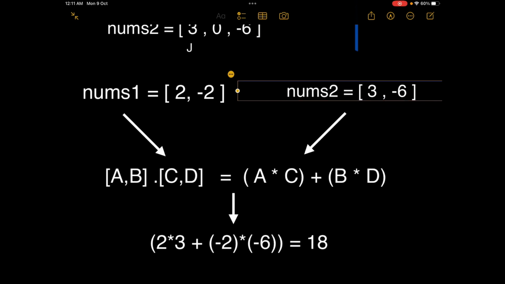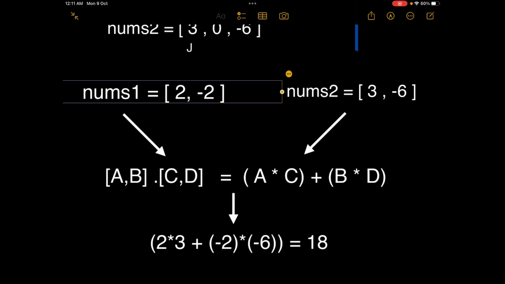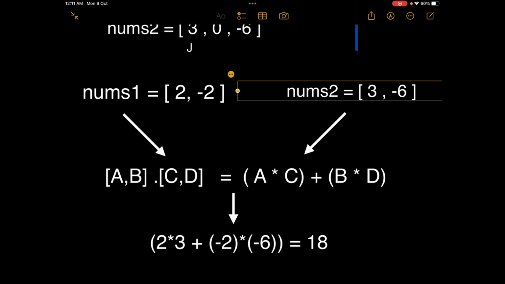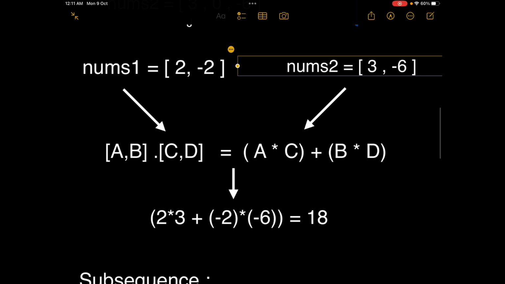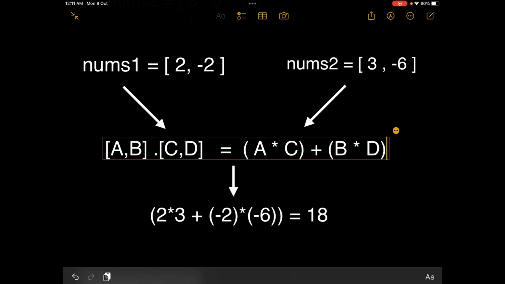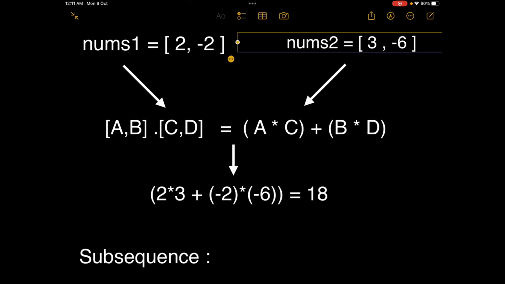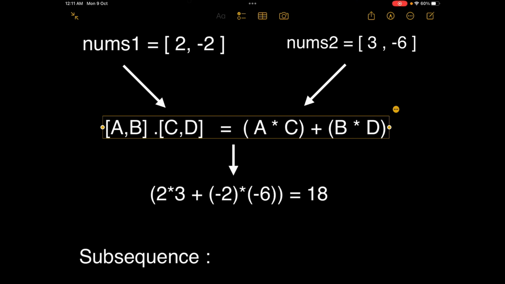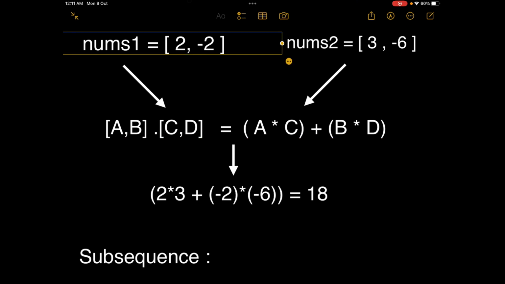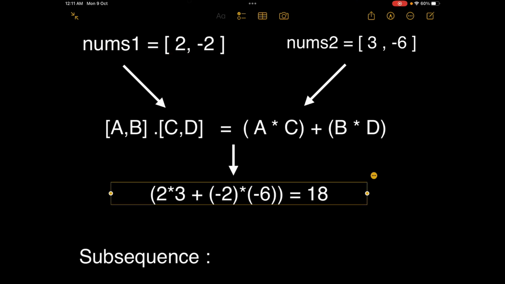Taking a and b as our nums1 elements and c and d as our nums2 elements, a is 2, c is 3, b is -2, and d is -6. Applying the formula, we have 2 multiplied by 3, added to b multiplied by d.